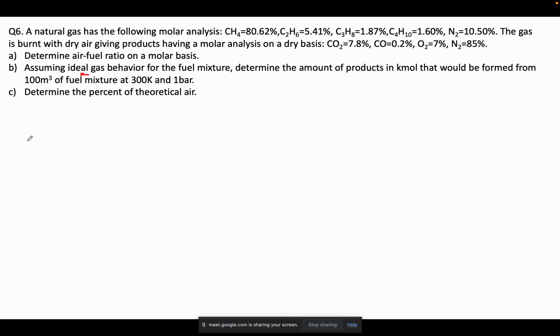So first of all, let us consider 1 kilomole of fuel. Okay, so the amount of fuel that is present is 1 kilomole.